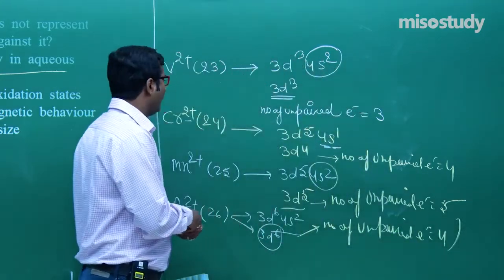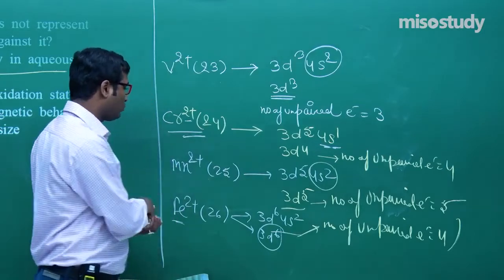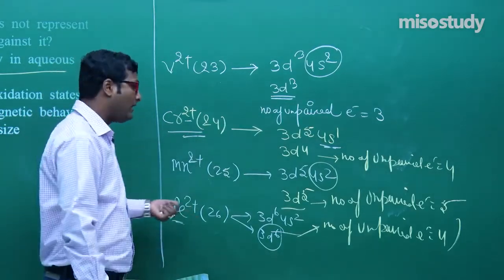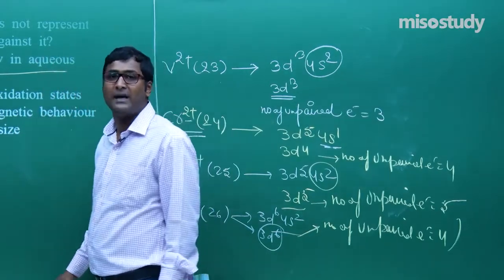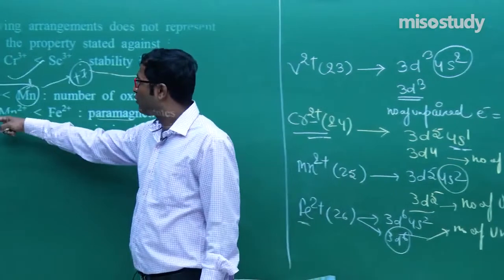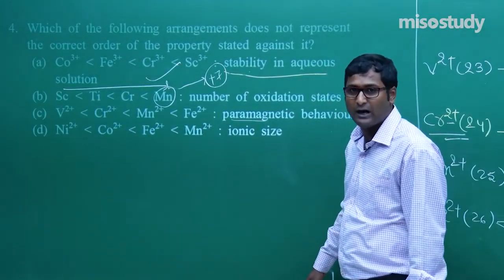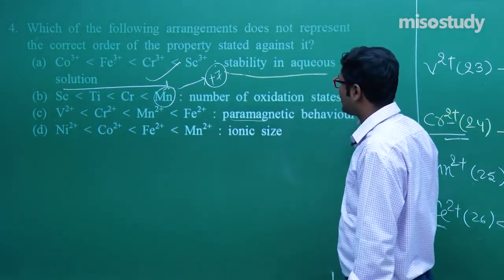Now look, chromium 2+ and Fe2+ have an equal number of unpaired electrons. If the number of unpaired electrons is equal, then the paramagnetic behavior will remain the same. But here chromium is shown with less paramagnetic behavior in comparison to Fe. So this is not a correct arrangement. So this one is wrong.